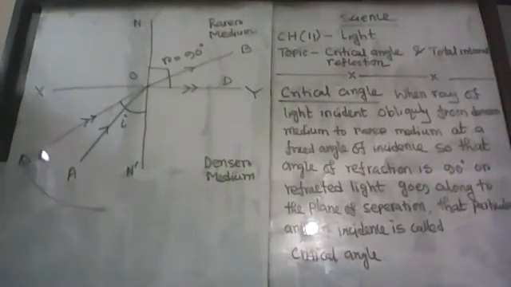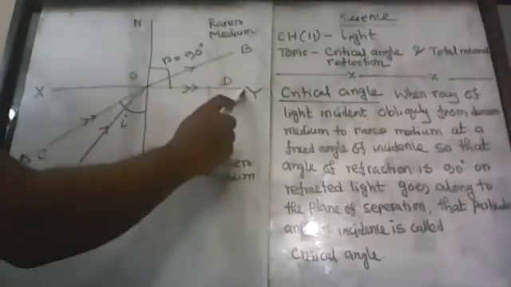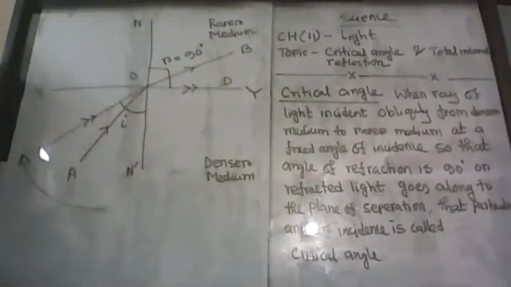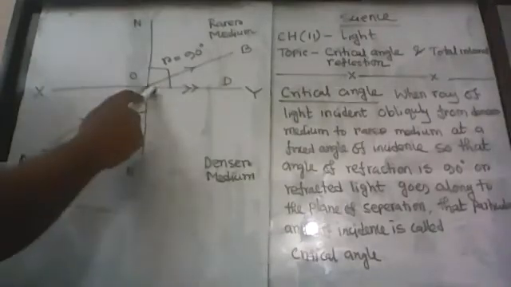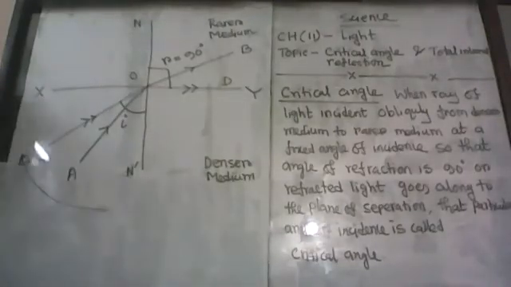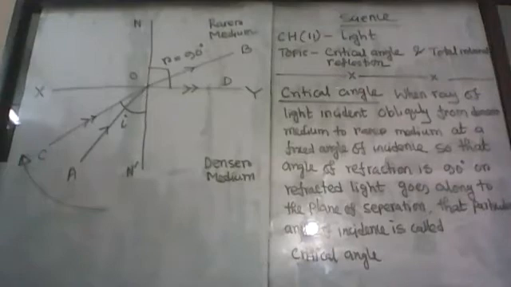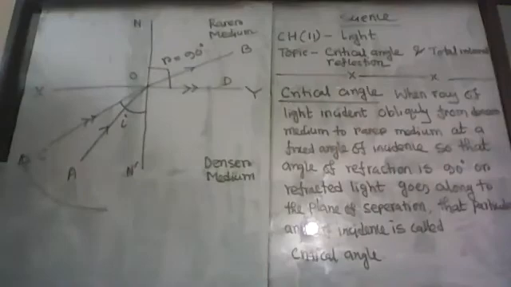In this particular case, the refracted light OD goes along the plane of separation. Or here, the angle of refraction NOD makes an angle of 90 degrees.